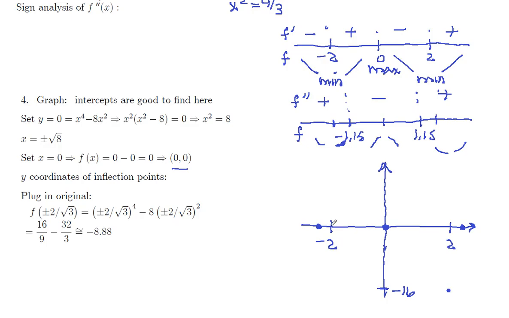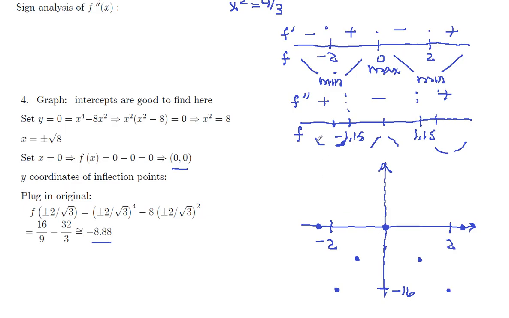And negative 2, negative 16 right there. And then we've got negative 8.88 is the y-coordinate of our inflection points. And those were the x-coordinates of negative 1.15. So negative 1.15, negative 8.88 would be about right there. Positive 1.15 here, negative 8.88 about right there.